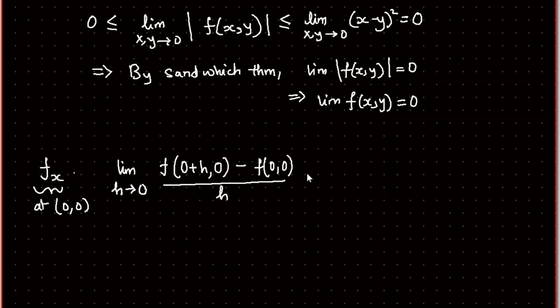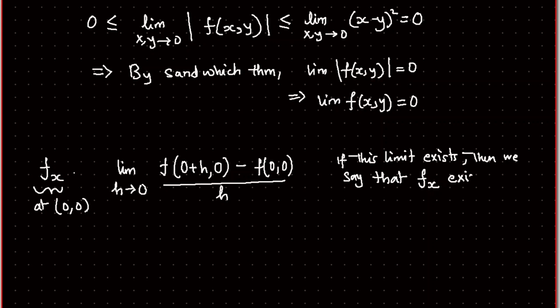If this limit exists, then we say that the partial derivative of f with respect to x exists, right?